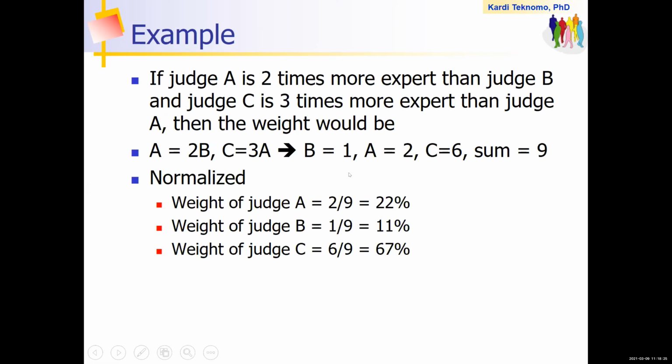Then you set B equal to 1, then A is equal to 2, then C is equal to 6. The sum of this, 2 plus 1 plus 6, is 9. Then you normalize. That means judge A will have the weight of 22%. Judge B will have the weight of 11%. Judge C will have the weight of 67%.